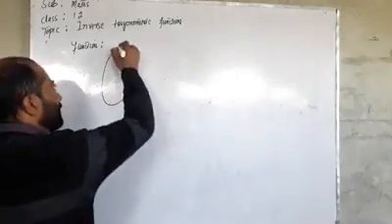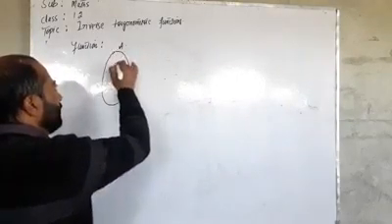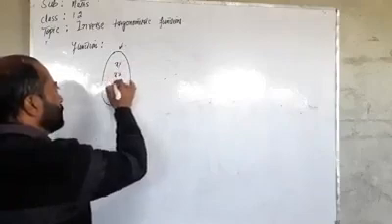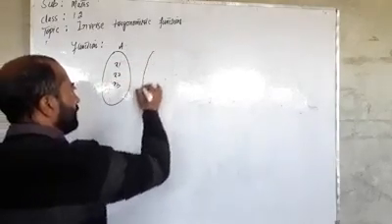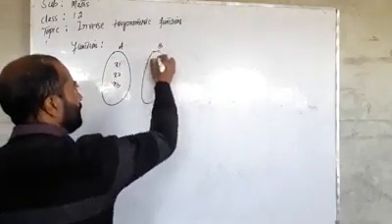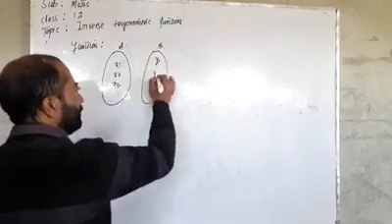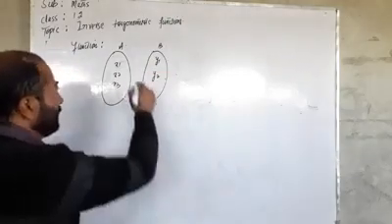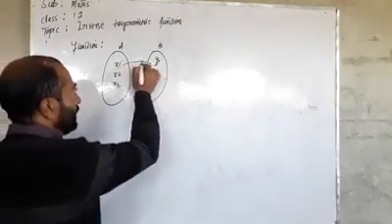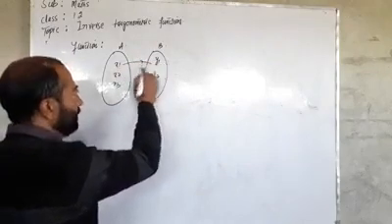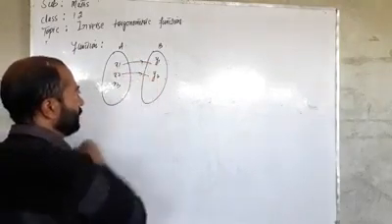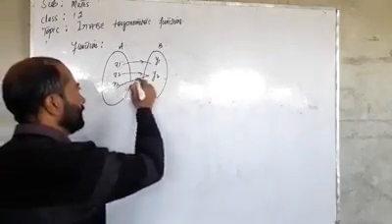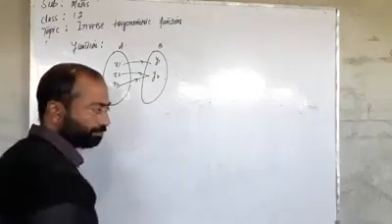Let me consider here a set A with the elements x1, x2, x3, another set B with the elements y1, y2. Let me write here the association: x1 is associated to y1, x2 is associated to y2 and x3 is associated to y2.